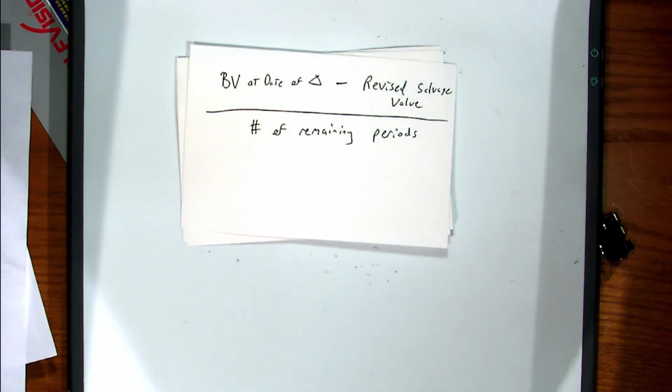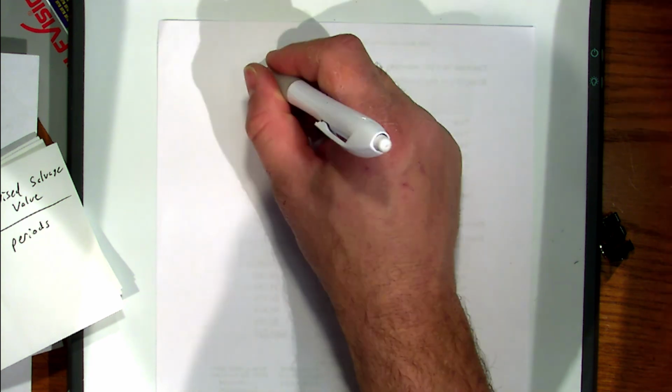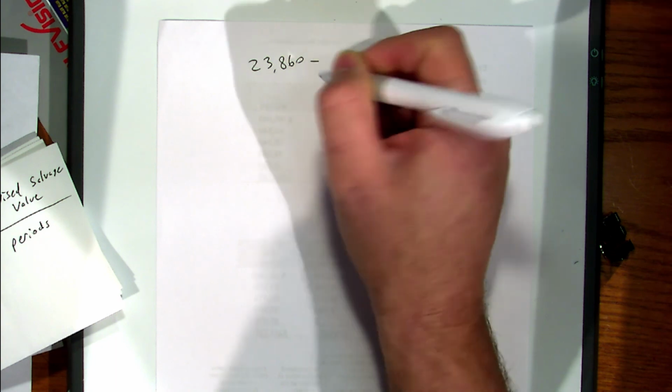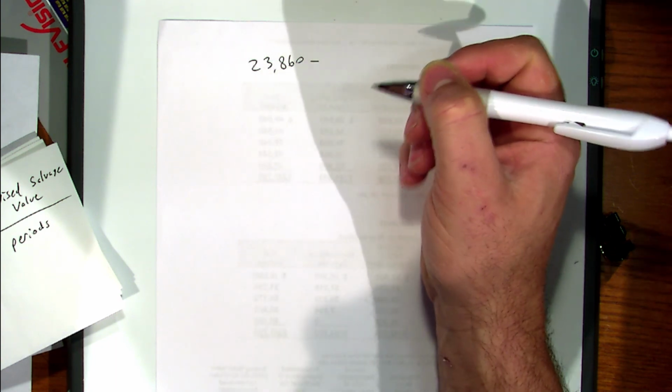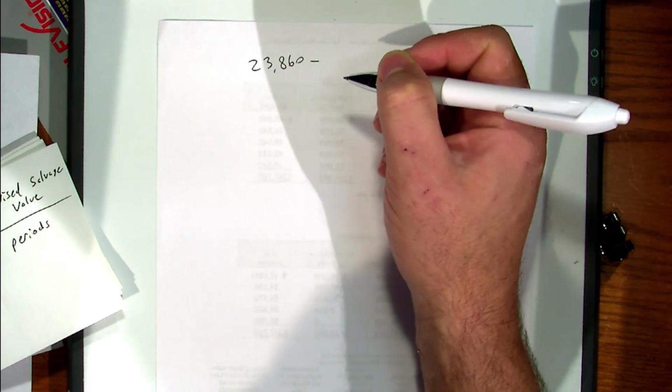Okay, let's figure out what we were depreciating for the first 2 years, right? The equipment cost $23,860. And what was the salvage value? 2,400? Is that correct?